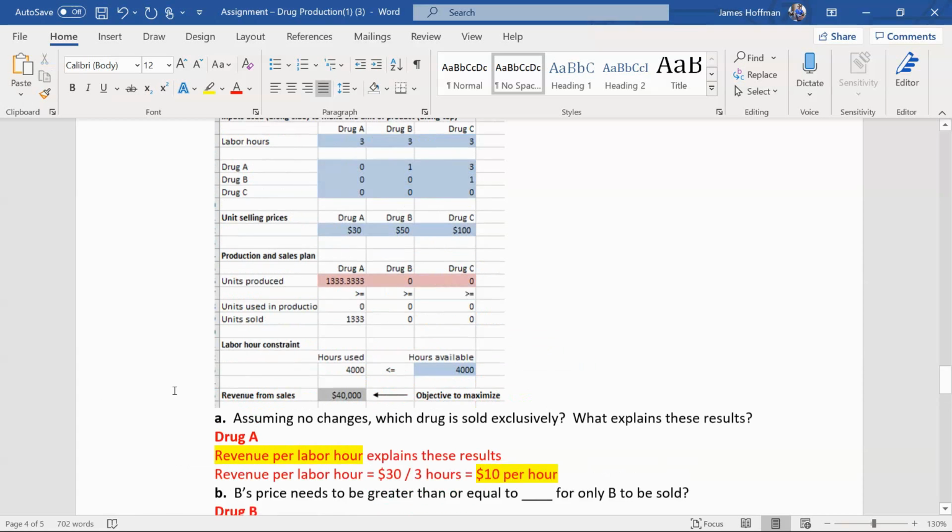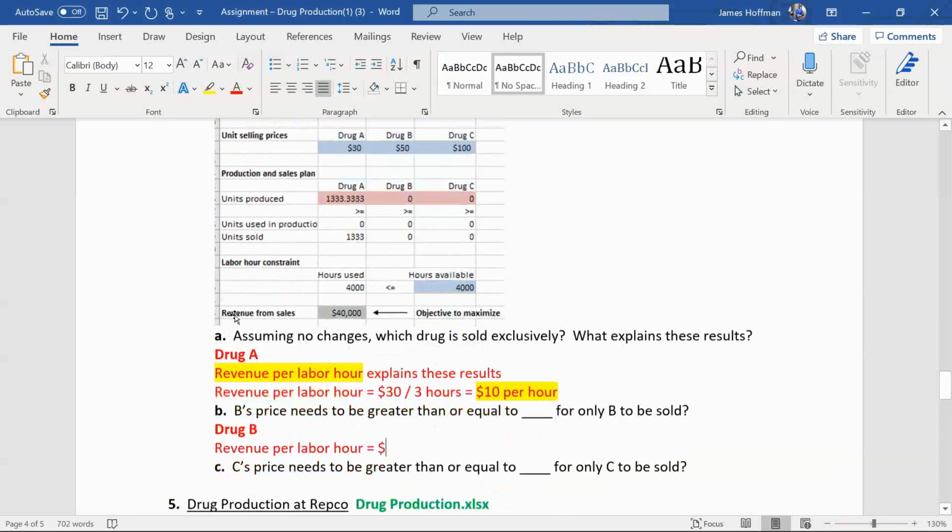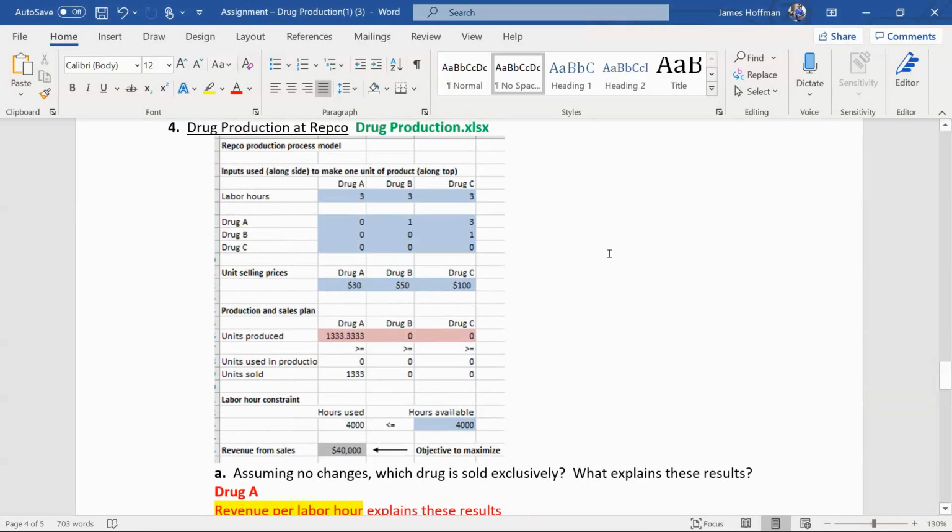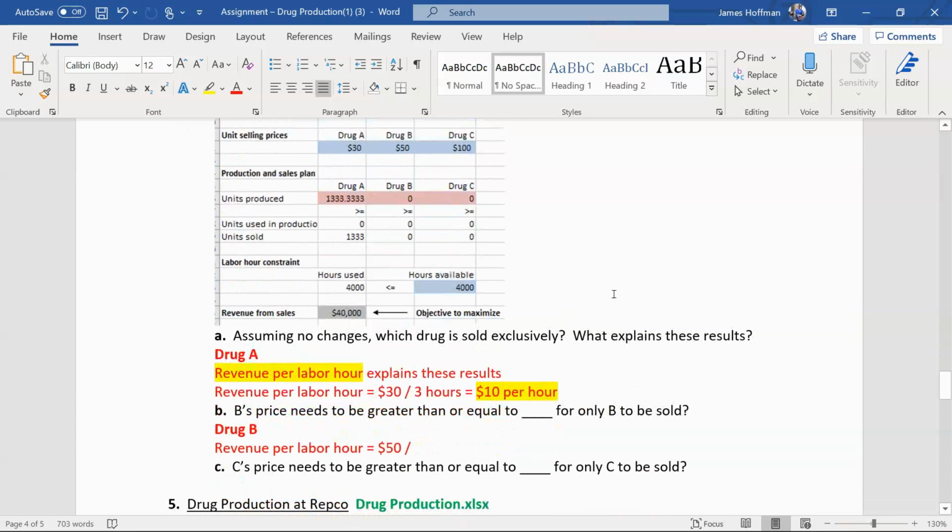Drug B's price is selling at 50. Now let's figure out how many hours it takes to make one drug B. One drug A takes 3 hours, so 3 plus 3 is 6.